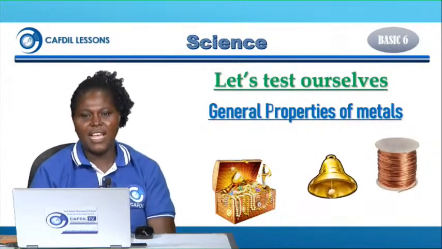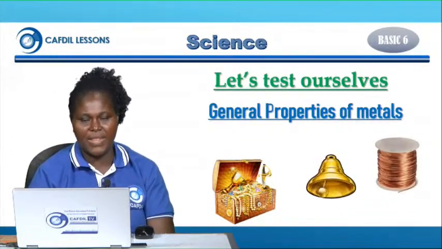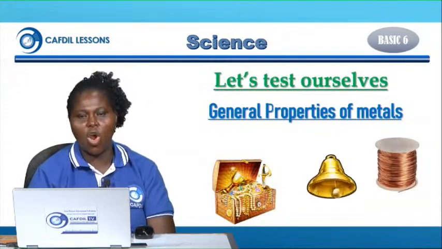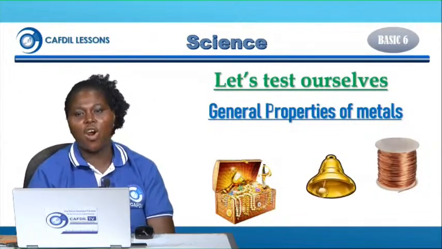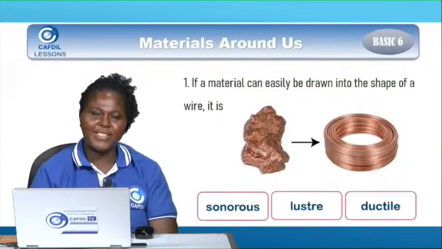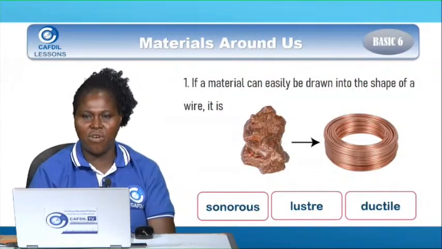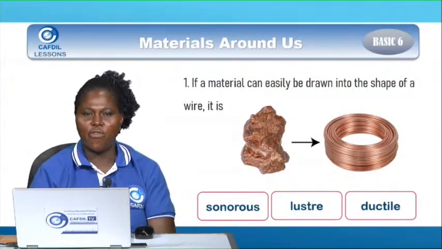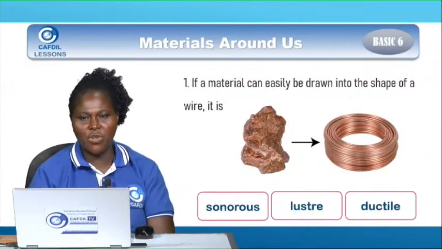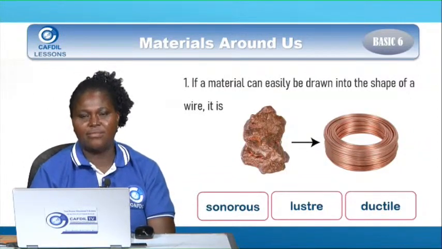Now, let's test ourselves on the general properties of metals. Question number 1. If a metal can easily be drawn into the shape of a wire, it is: sonorous, lustre, or ductile?